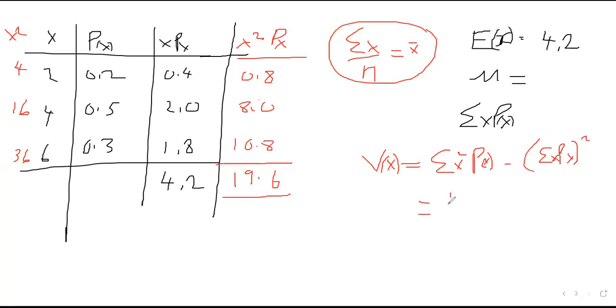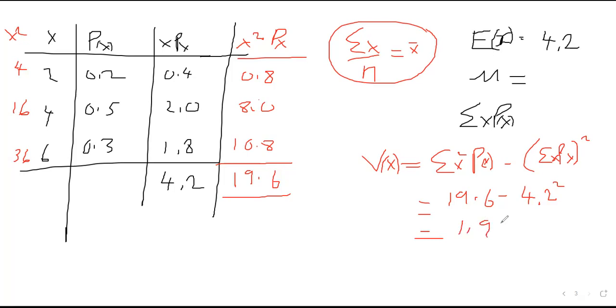So here we have 19.6 minus 4.2 squared. What you get is 1.96. This is the variance. You get your 2 marks.